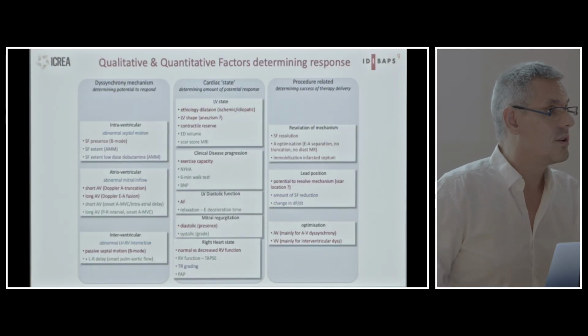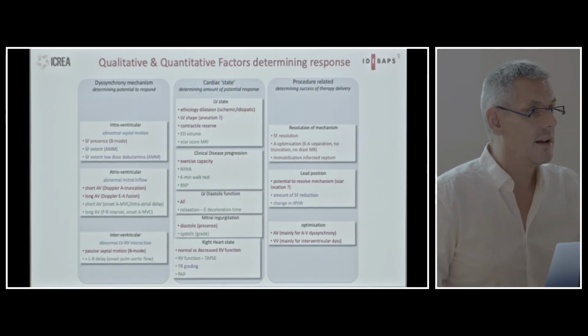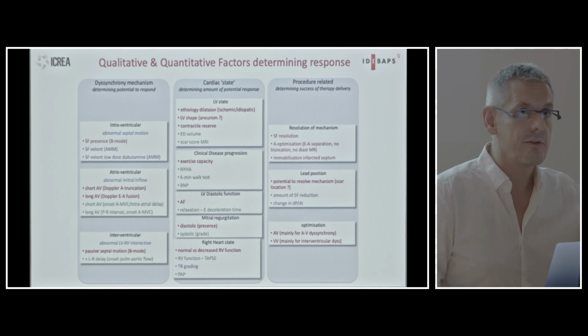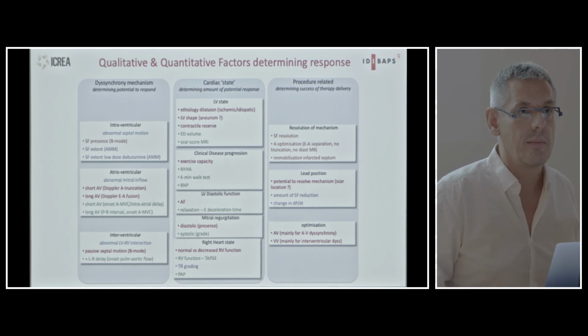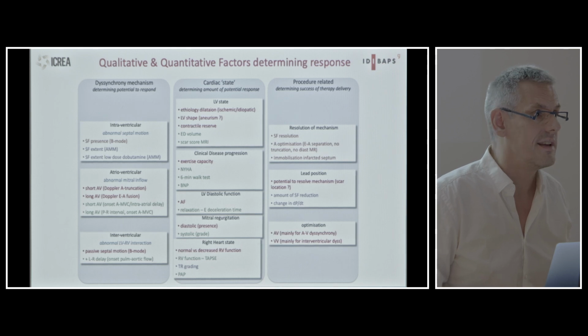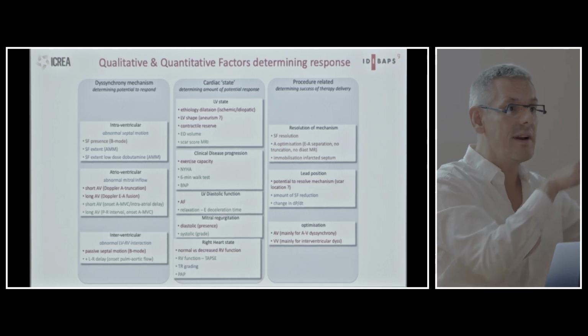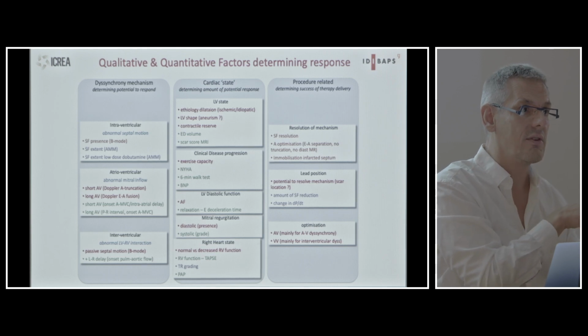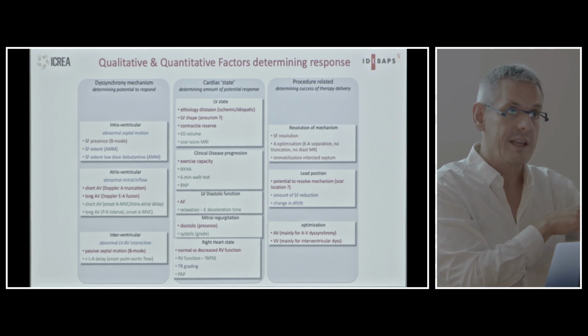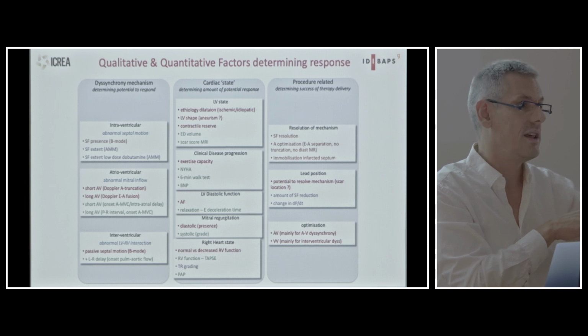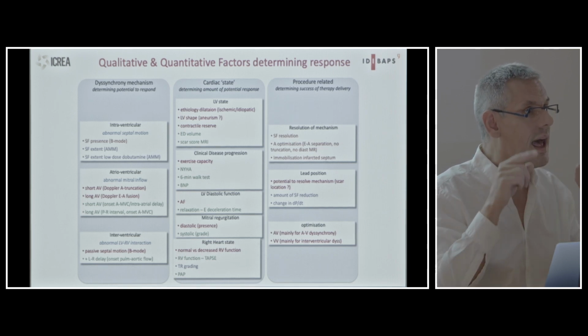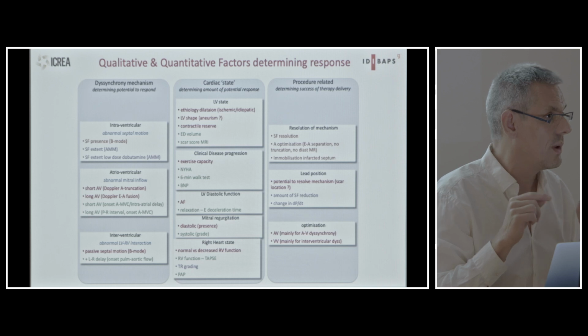So the main thing is, you see in the literature, there's a lot about infarcts, right ventricular function, all of these determine also outcome or response to CRT. This is true, but this is secondary. Because the first thing is, is there an etiology that is electrically paceable? If there is one, if you see a septal flash, for example, then the second question is, how much do you think this patient will respond?